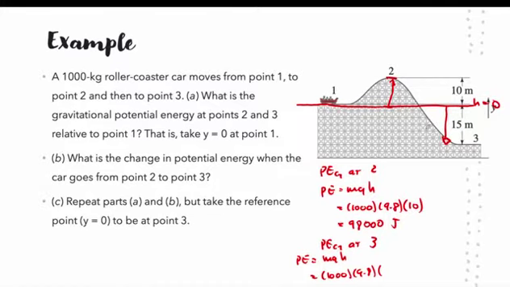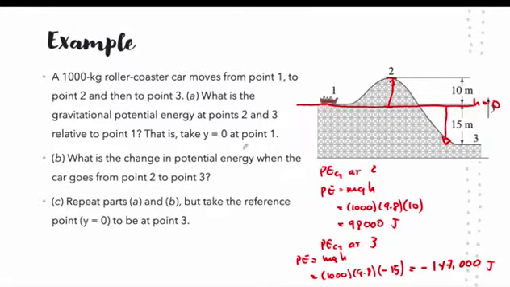So the potential energy at point 3 with regards to point 1 is going to be negative because you are below the reference point. So the potential energy at point 3 would be negative 147,000 joules.